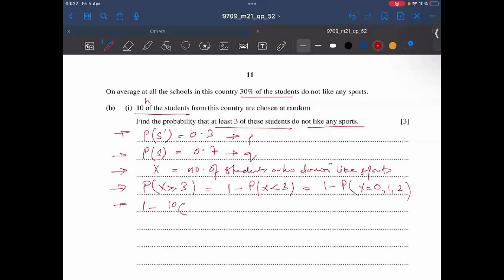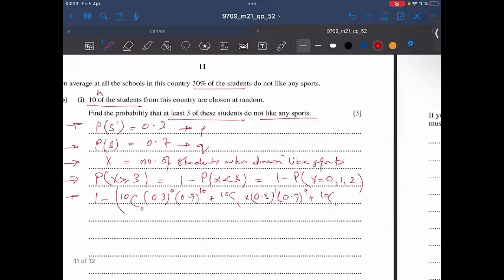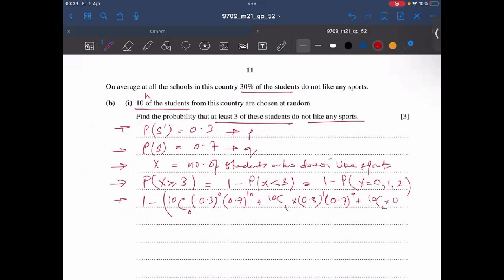10C0 times 0.3 to the power of 0 times 0.7 to the power of 10, plus 10C1 times 0.3 to the power of 1 times 0.7 to the power of 9, plus 10C2 times 0.3 to the power of 2 times 0.7 to the power of 8.